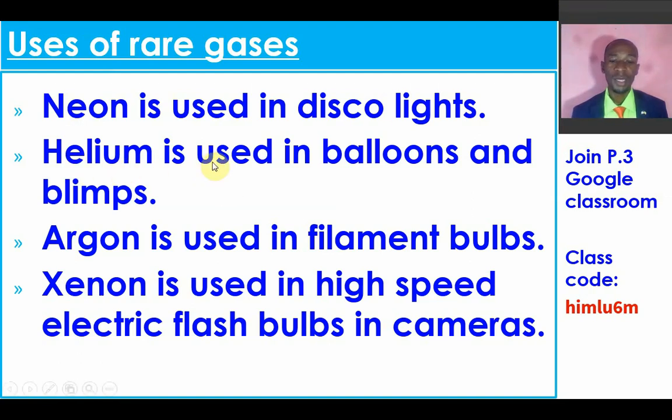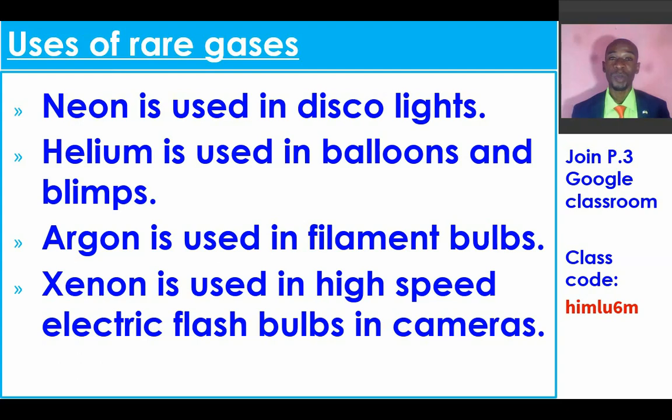Then helium is used in balloons and blimps. Now, what do I mean by this? Blimps are like the hot air balloons. Do we know hot air balloons? These are means of air transport. For them, they use helium as a gas, okay?